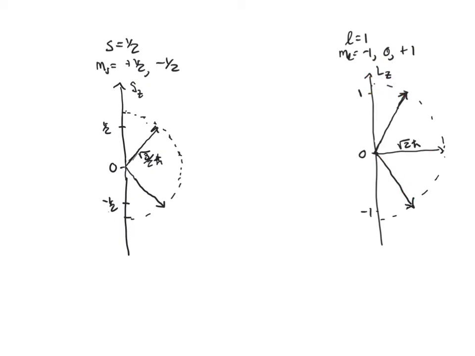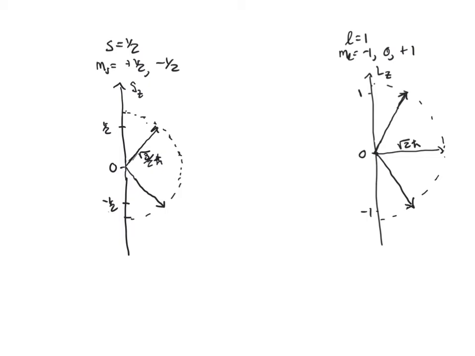We know that L z eigenfunction. So if L is equal to 1, L z is equal to 1 times h bar. So in units of h bar, the shadow on the z-axis can be 1, or it can be 0, or it can be minus 1. And so I have 3 possible directions for my vector.